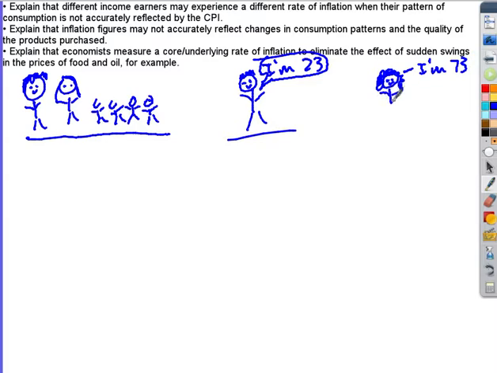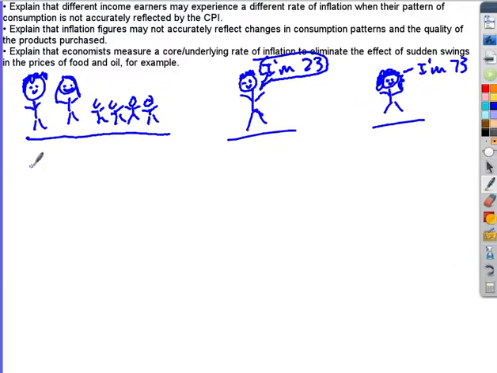When we look at the CPI and inflation itself, inflation is definitely going to affect people in different ways. If you think about some of the spending habits that a family of 6 here would have, versus a single person who's 23 years old, versus a grandmother who's 73.